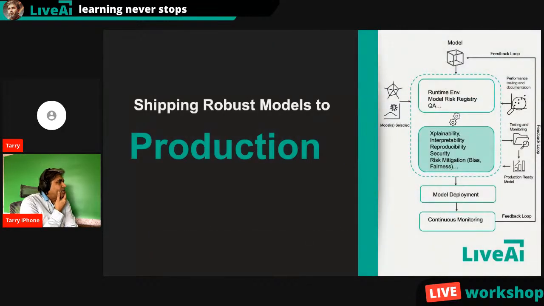So, shipping robust models into production, and this is what we're going to be talking about. Essentially, what we are trying to understand is that whatever happens in labs, in AI labs, and I'm sure there are a ton of AI labs all over the place, is never 100% guaranteed to succeed when you take your models into the real world.